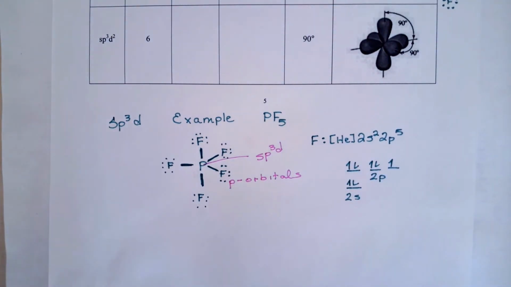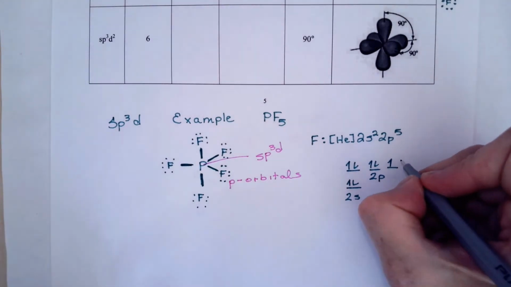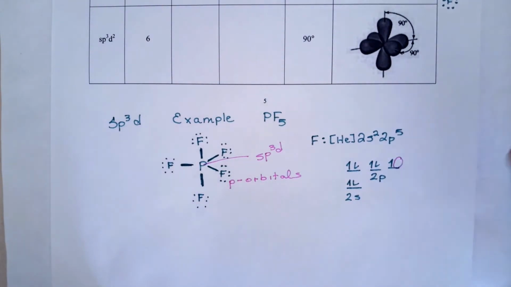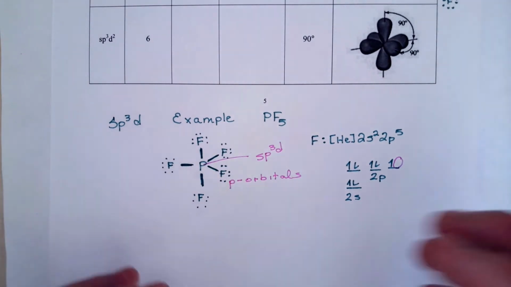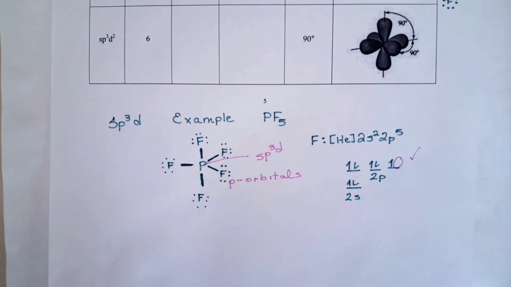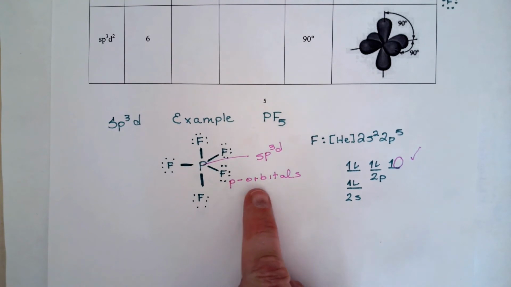How many bonds does fluorine want to make? Fluorine needs one more electron. It wants to make one more bond. It has one half-filled orbital. So it's all set. It doesn't need to change anything in order to participate in bonding. So typically, for this reason, I keep my group 7 atoms in unhybridized orbitals. So just standard atomic orbitals.